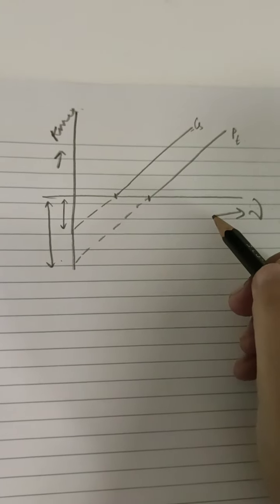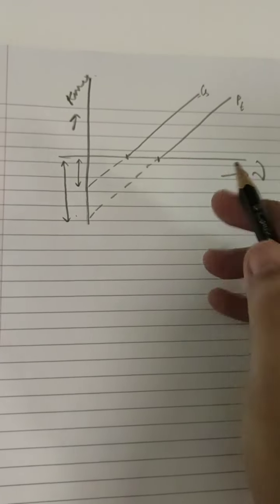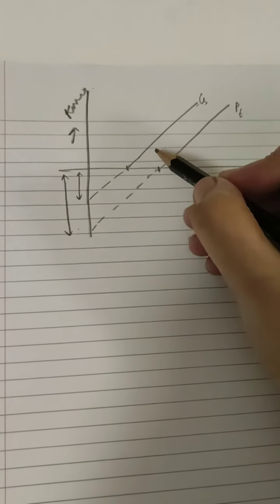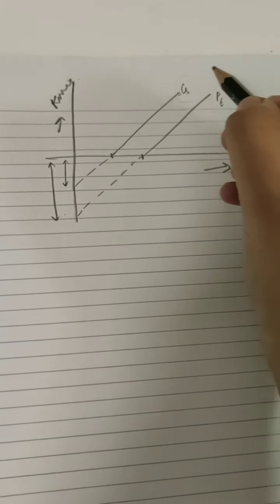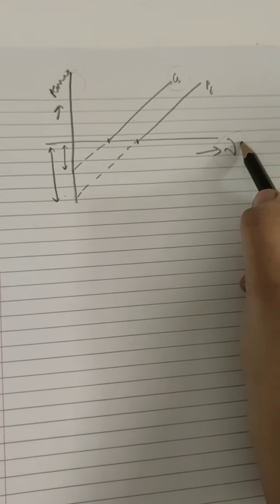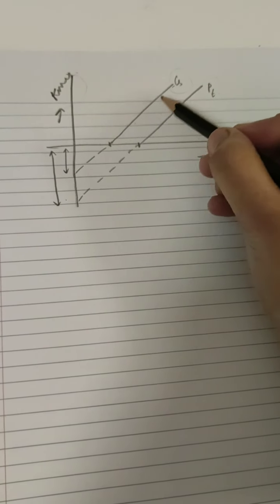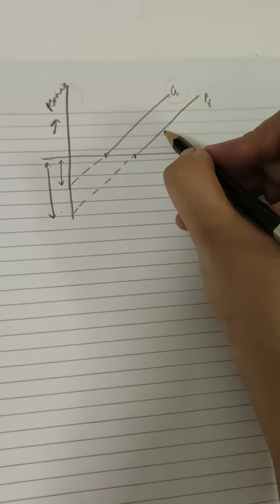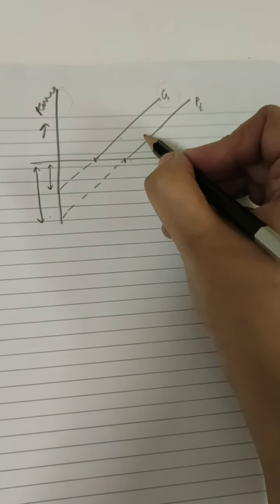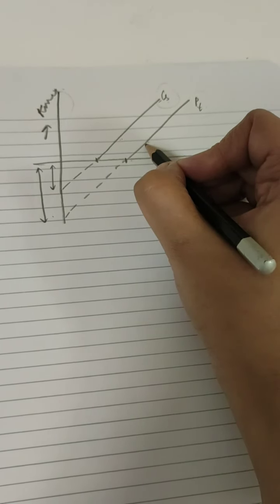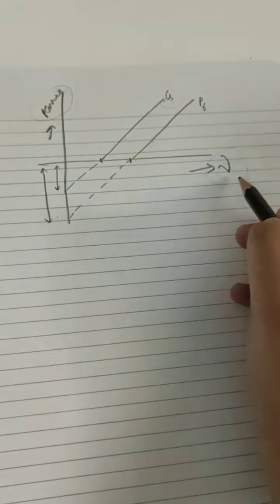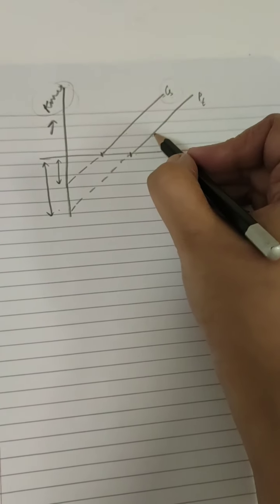One more thing I want to tell you: if we perform experiments with two different metals, say cesium and platinum, and we plot the graph of Kmax versus frequency, then both will give a straight line graph, and they will be parallel to each other. Parallel graphs means their slope will be the same, because the slope of Kmax versus nu is h, Planck's constant.